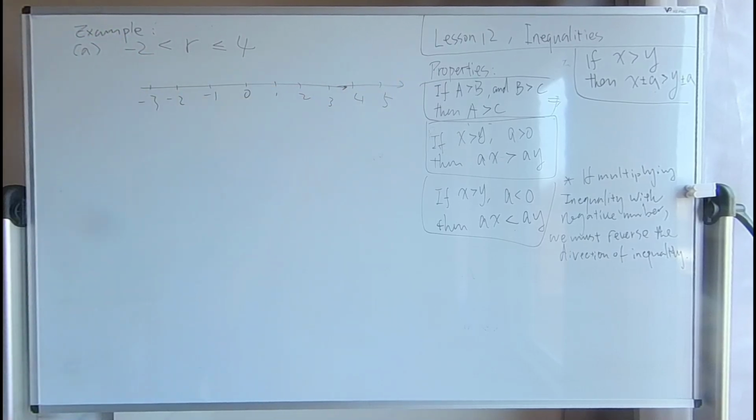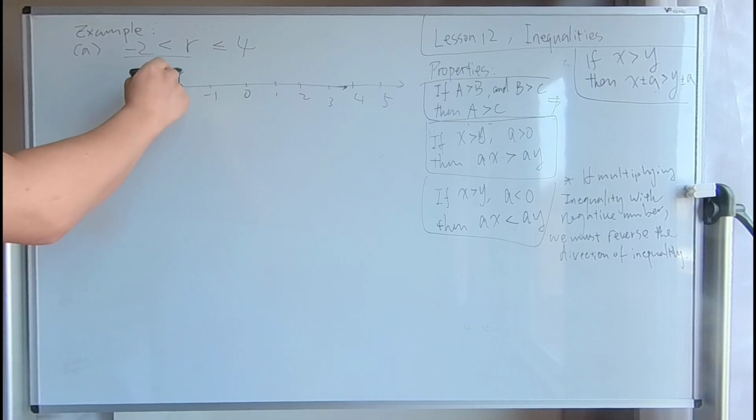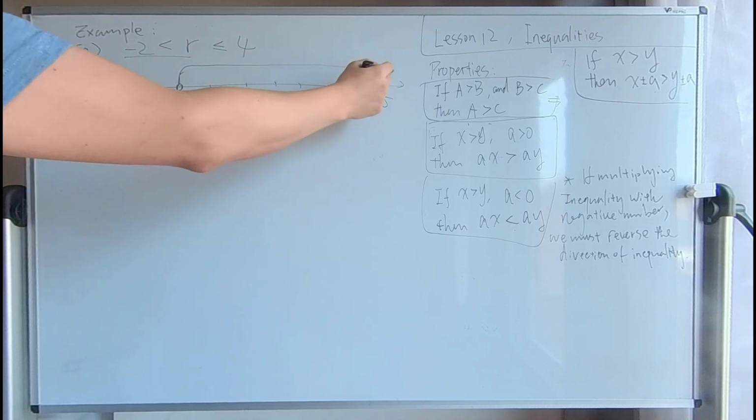So in the first example, we have r is greater than minus 2. Minus 2 is here. This is strictly greater, so it's a circle. Greater than minus 2 means all the values on the right-hand side of negative 2 would satisfy this condition.